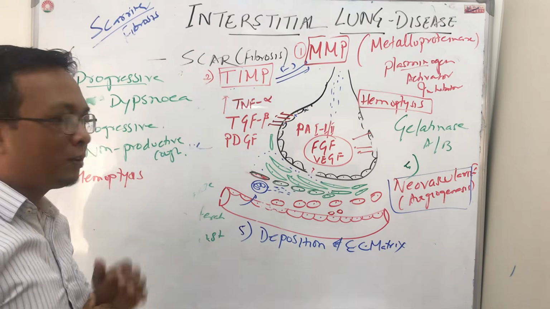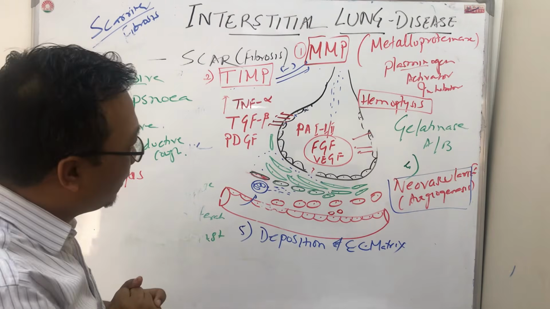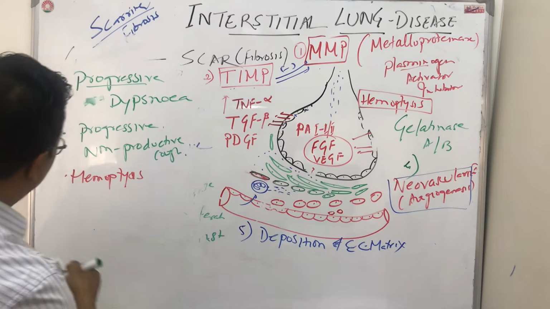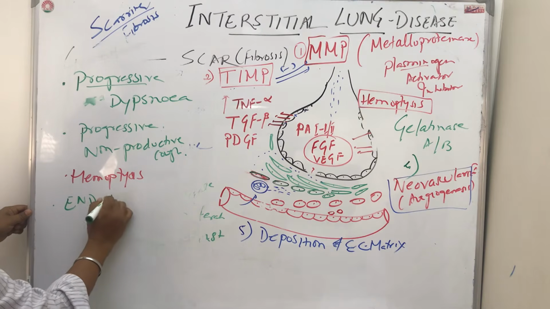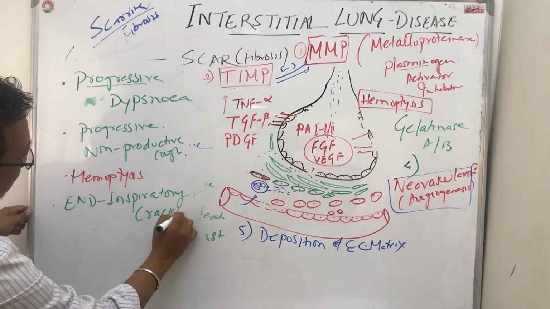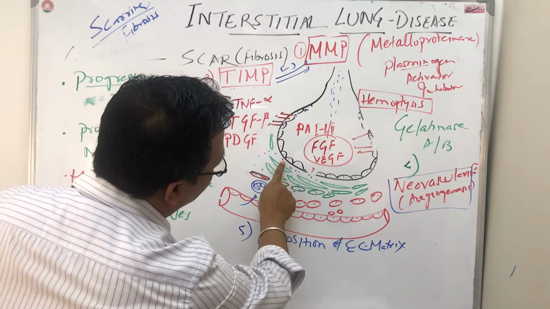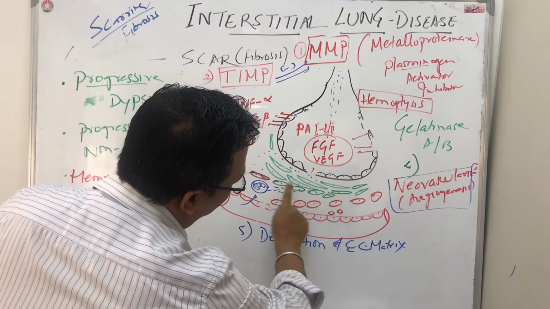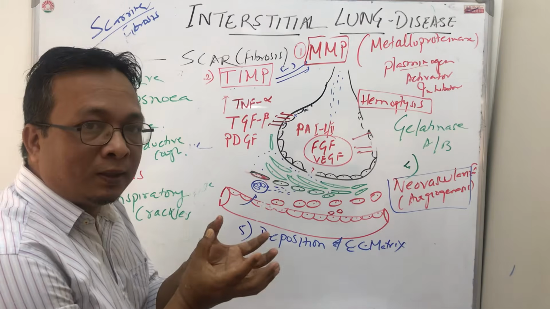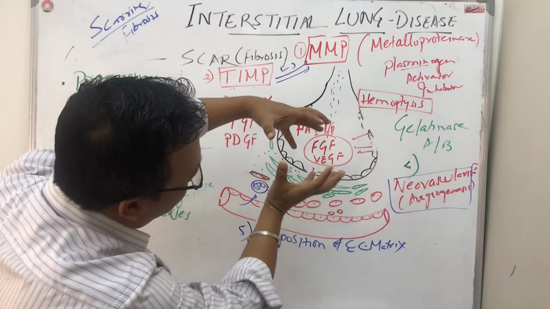And on physical findings, there's one more thing you must add when you write in an exam paper: end-inspiratory crackles. Now why do you call it end-inspiratory? You see, these are the scar tissues that are laid down in this space. When this person is inhaling, trying to take air, the alveoli become big.